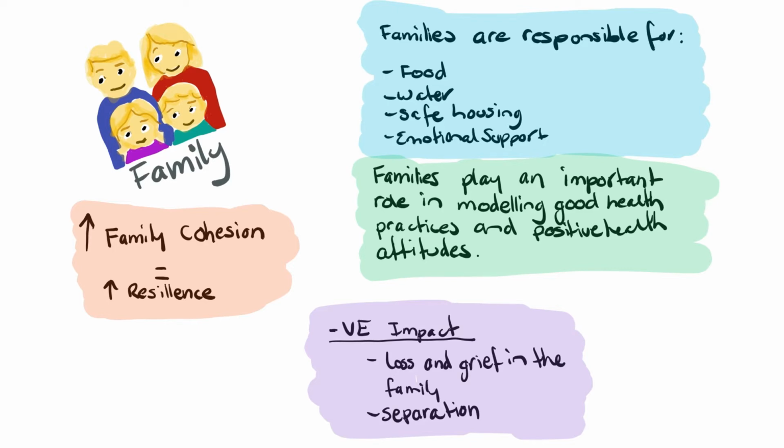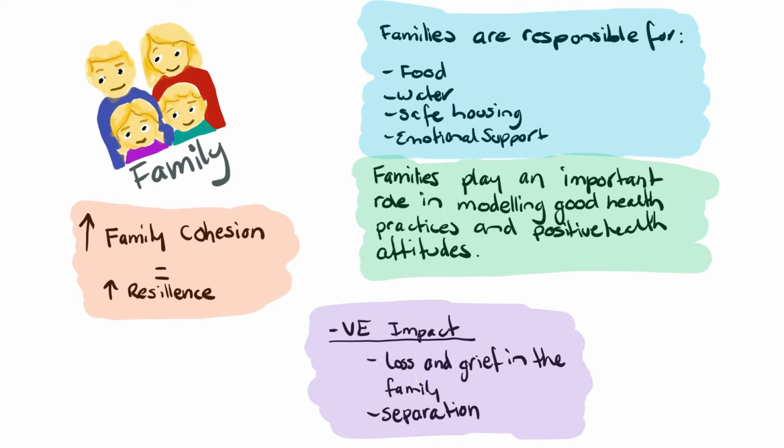There is a known link between families who have a good level of cohesion and young people residing within those families having high levels of resilience, which means that they can bounce back or cope with difficult or challenging situations. When we're looking at health, that has quite a large impact on an individual's health in relation to the different dimensions of health.